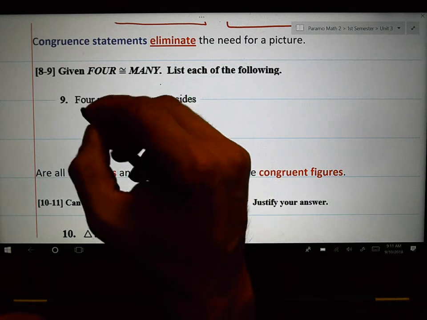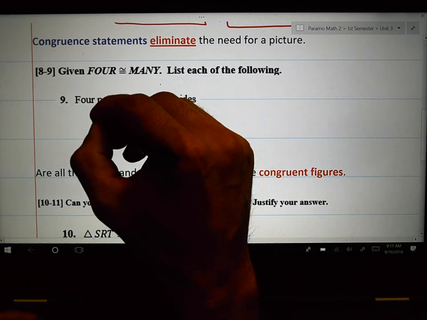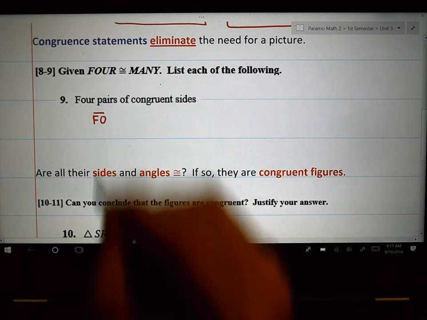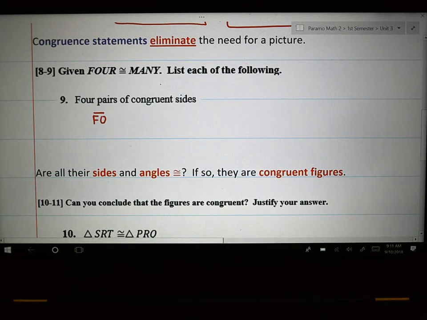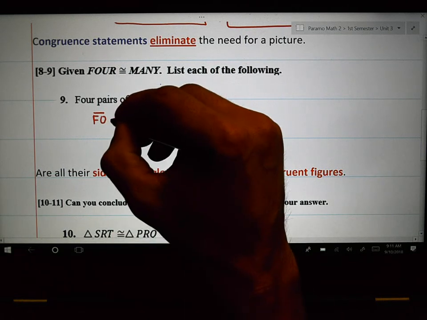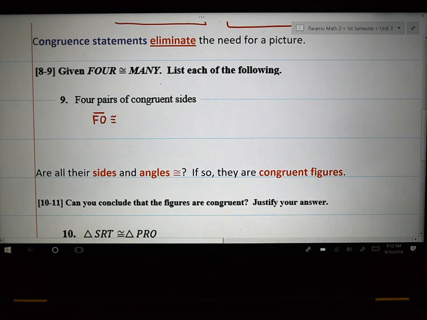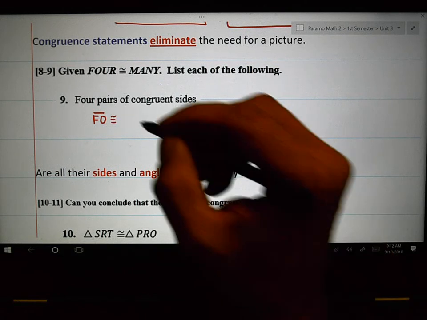For example, segment FO, that's why there's a bar on top. That's a side. This side is congruent to, FO is congruent to, I bet you guys know what 2 letters match up on this side.